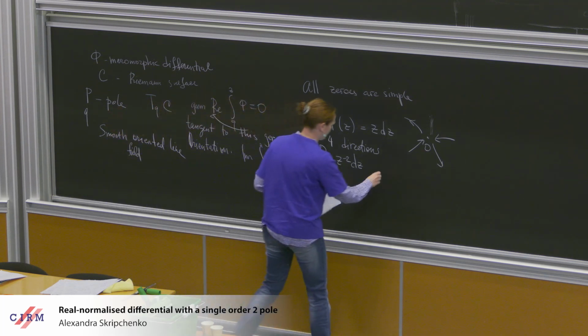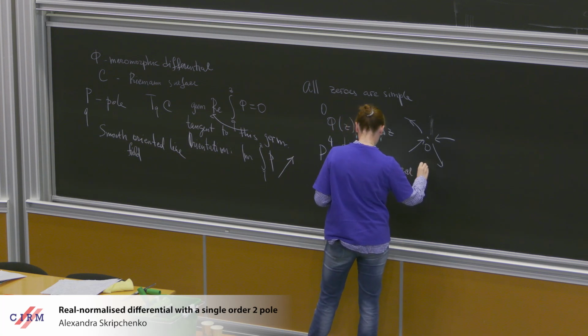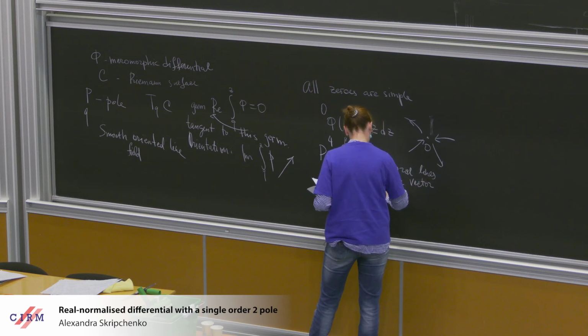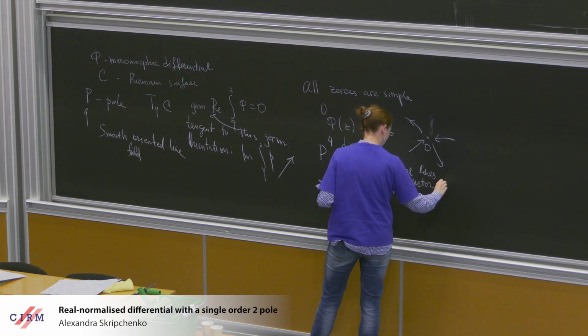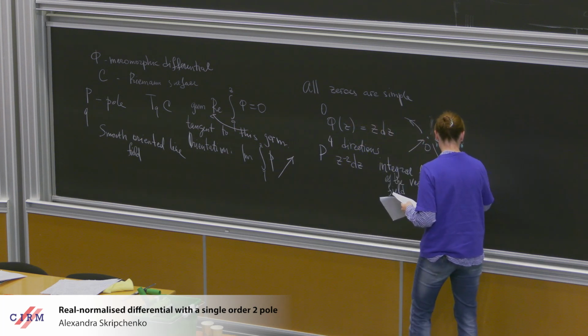So we have here integral lines of the vector field, there, an infinite number of tangent circles.